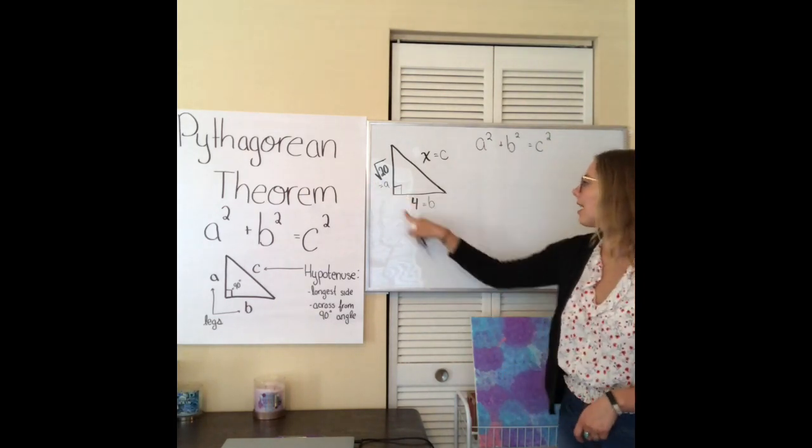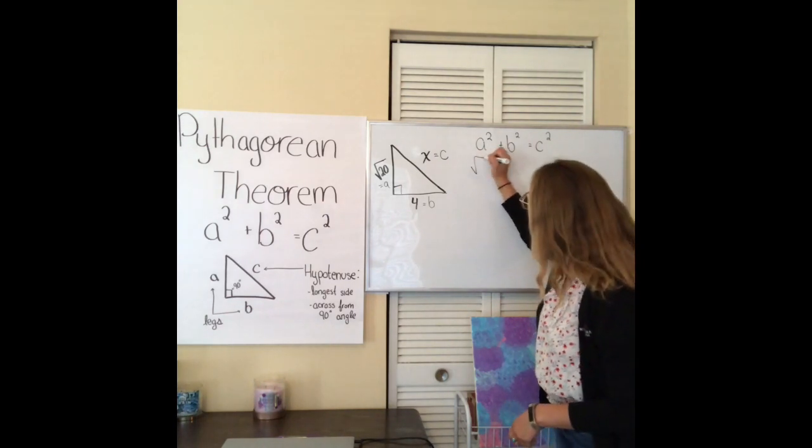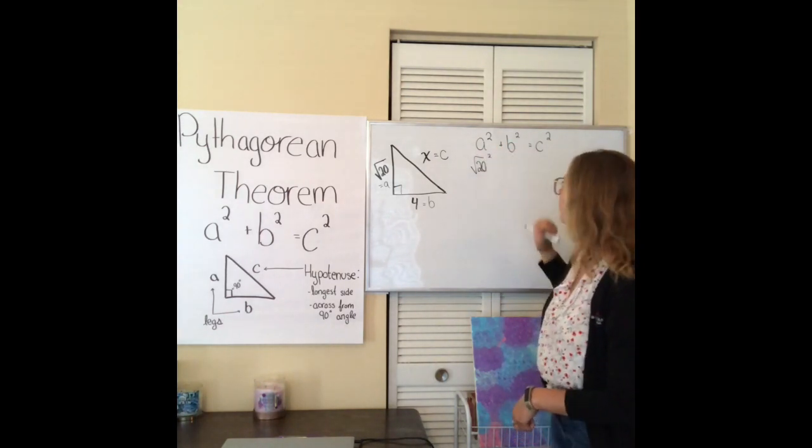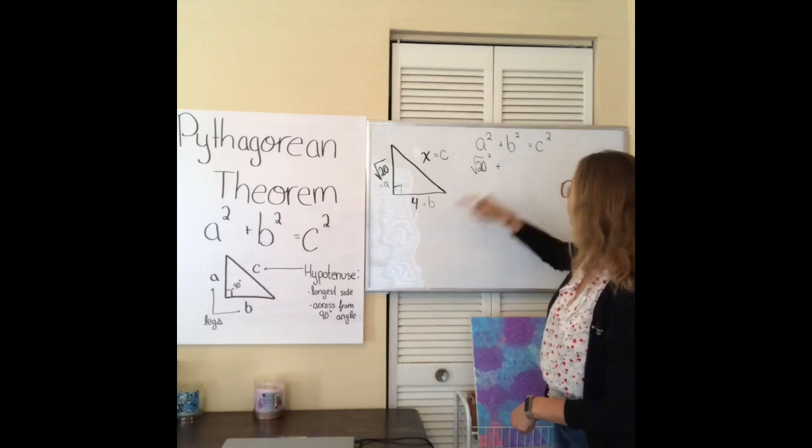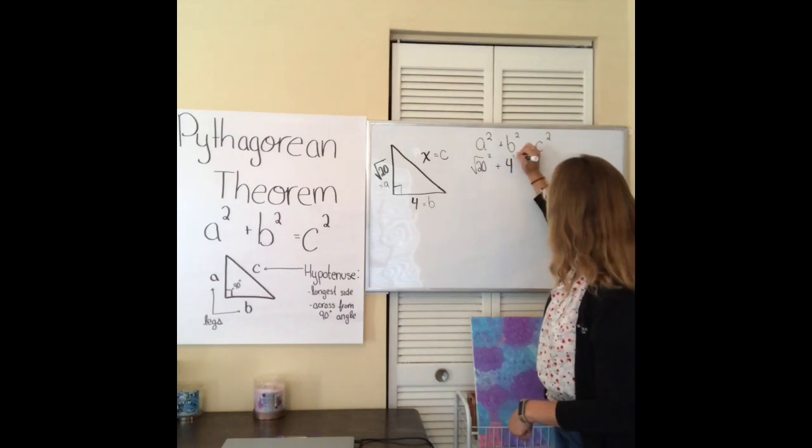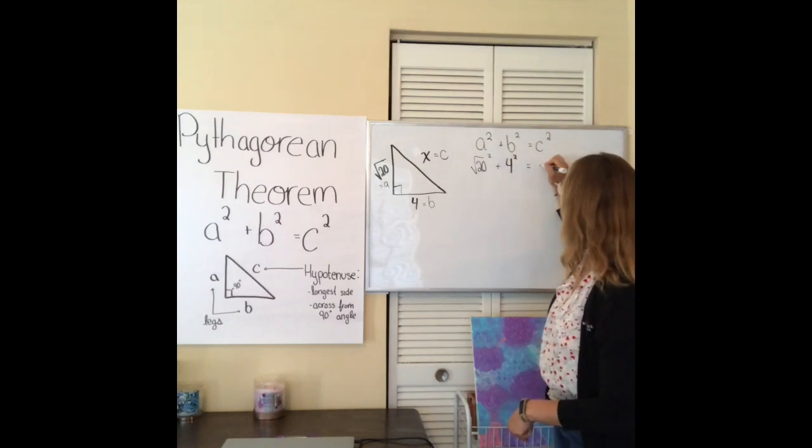I'll plug in my values. So the square root of 20 squared plus 4 squared equals C squared.